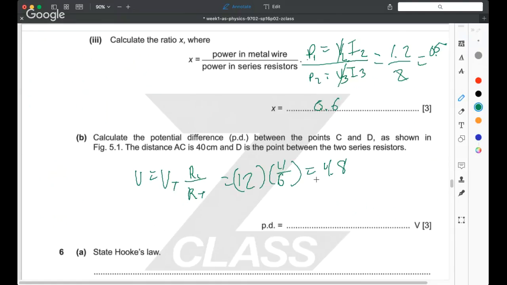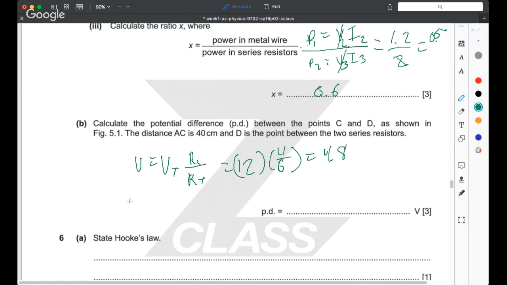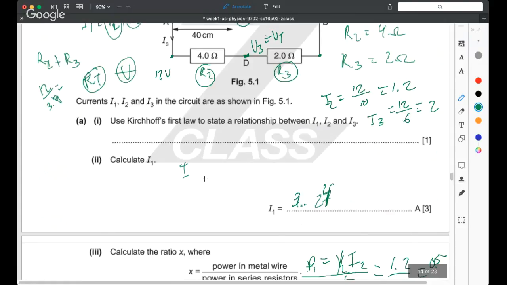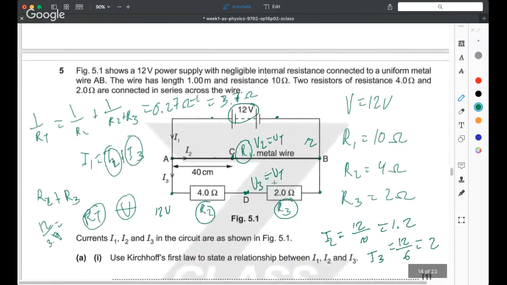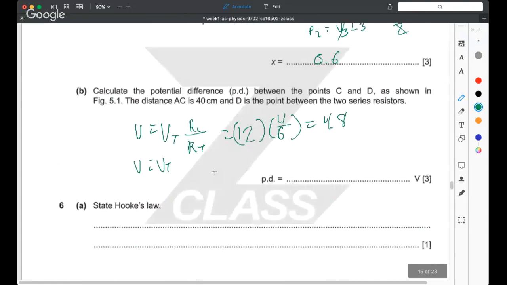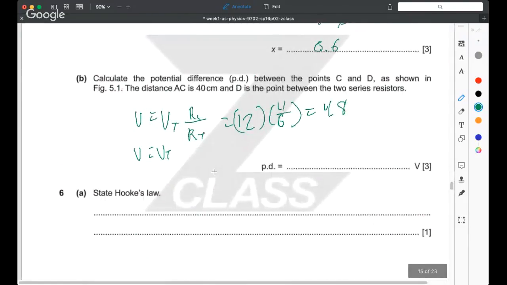If you do the same thing with the cable, here you have 4 times 2. It's exactly the same, but instead of using the resistance, you will use the distance. The total distance is 1 meter, but the distance from here to here is just 40 centimeters.